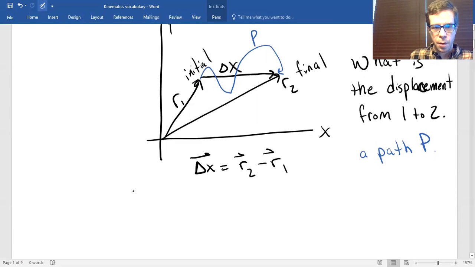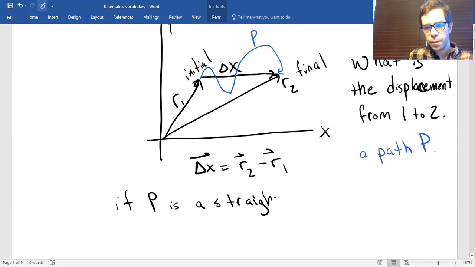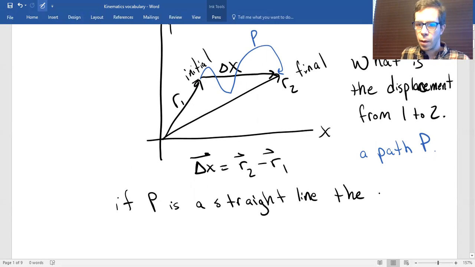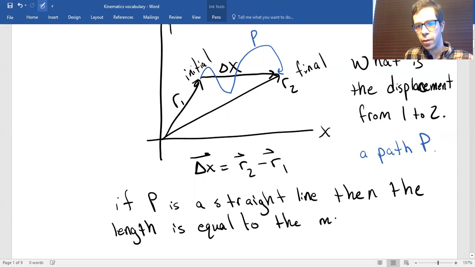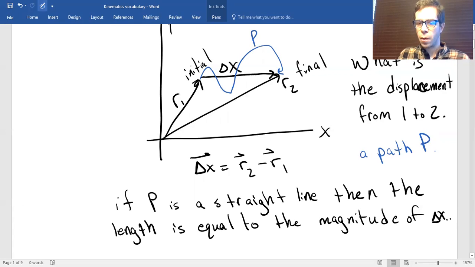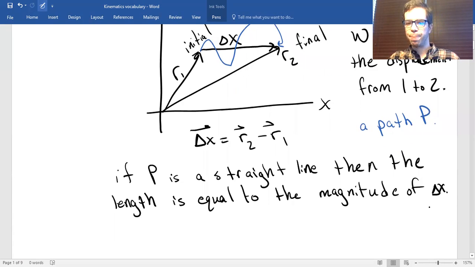So if P is a straight line, then the length of P is equal to the magnitude of the displacement, which we call delta x.